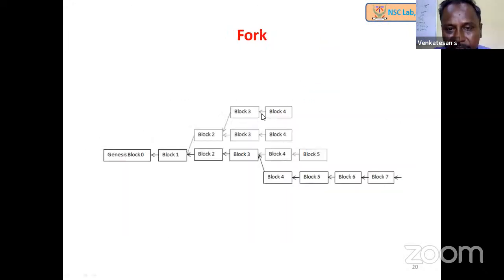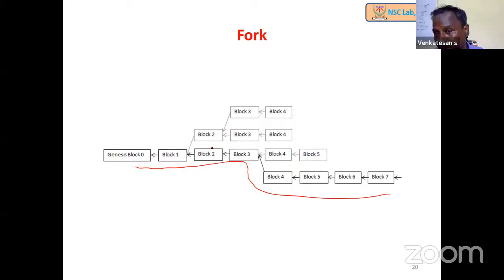For example, we can see this is the chain. The chain is going like this. This is the main chain because this is the longest chain. Now if we see block 1, block 2, block 3, and block 4. Even for block 2, two persons created two different blocks.